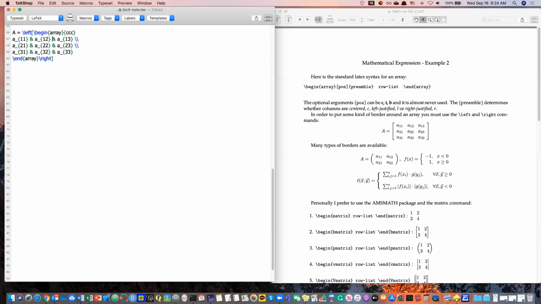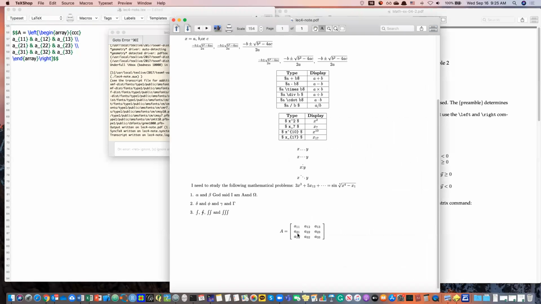Since the array is one of the math environments, we have to enter this within a dollar symbol. But if you want to write this in display mode, then we put the double dollar sign. So you can see that here we got this.